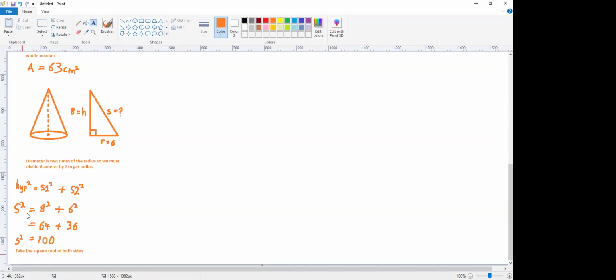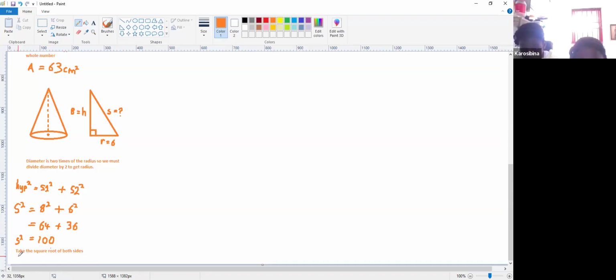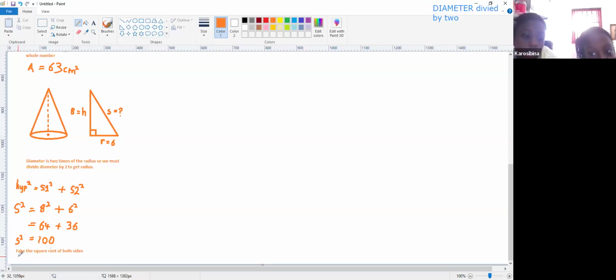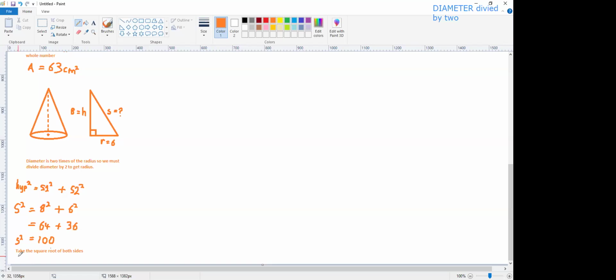So if I take the square root of both sides, what will I have on the left hand side? The square root of S squared. What is the square root of S squared? If I take the square root of S squared, what will happen to it? It will be S now. The square will disappear.